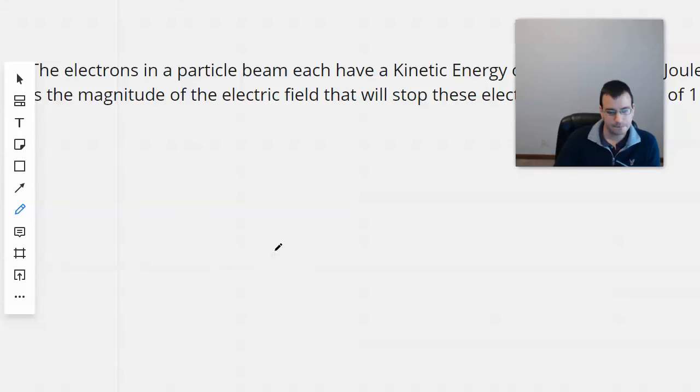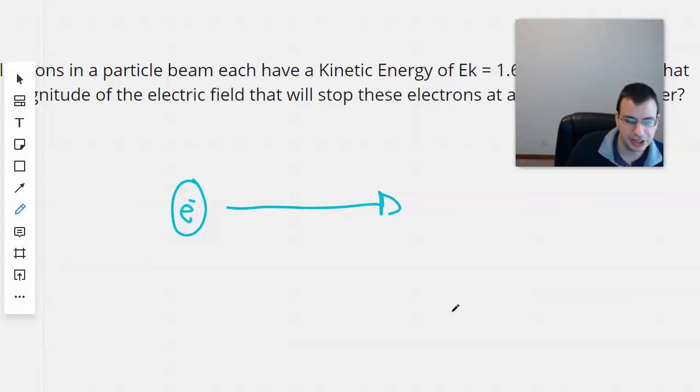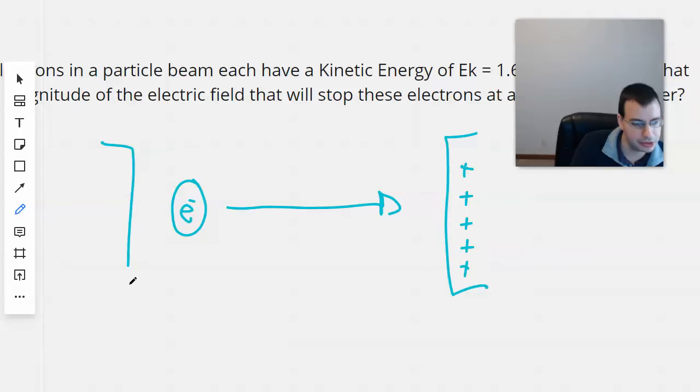Okay, so the way this works is we have ourselves an electron, so E minus. It goes this direction, and there is an electric field that makes it stop. So the way I'm going to determine the direction of the field is just by reasoning it out.